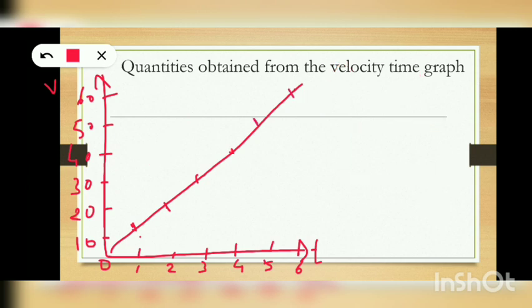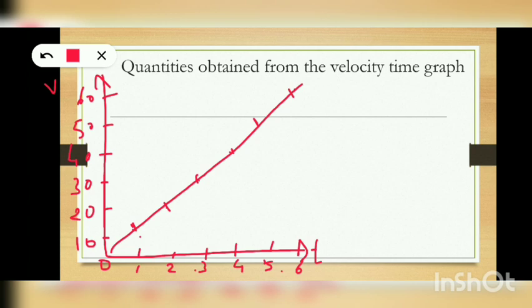Next, let's discuss how we can obtain the distance traveled by the object for a particular time interval. We had already discussed that it is obtained from the area below the velocity time graph. So consider the time interval from 3 seconds to 5 seconds. For that, you must find the distance traveled by that object.